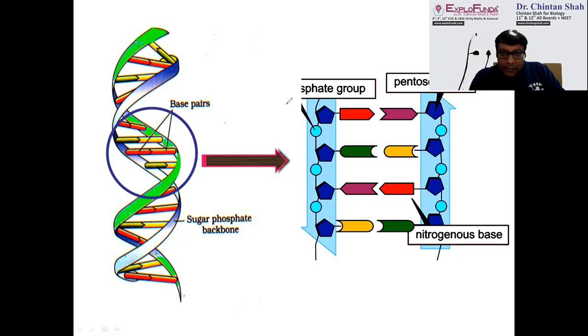Again, this is the first nucleotide's third carbon combined with the next nucleotide's fifth carbon. Say okay if you are getting it. This is the fifth carbon combined with the next nucleotide's third carbon.